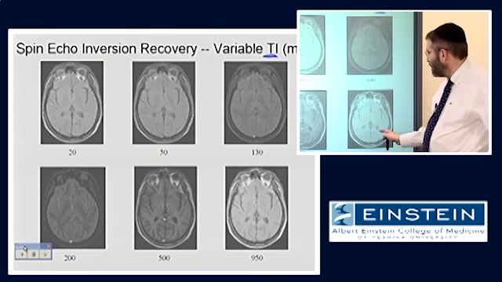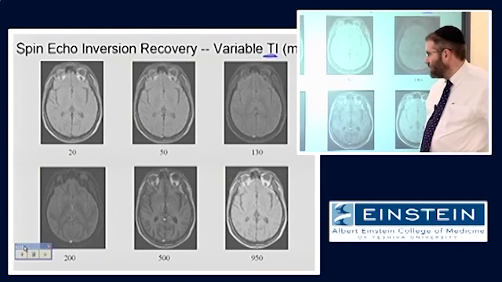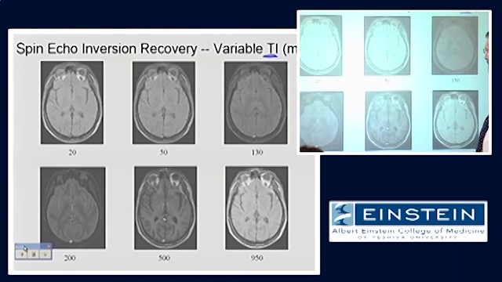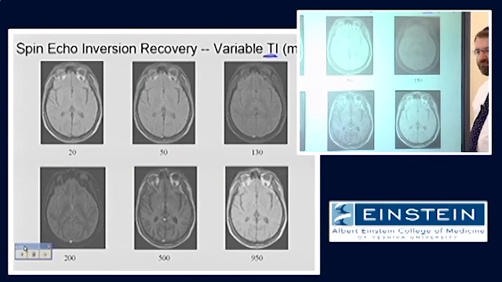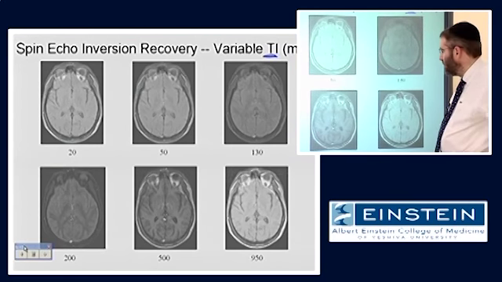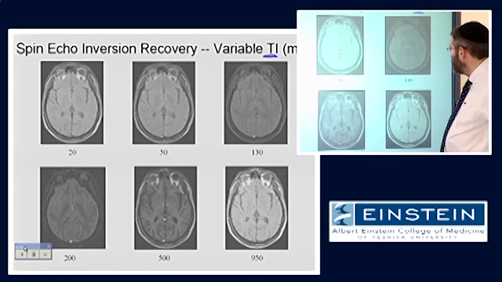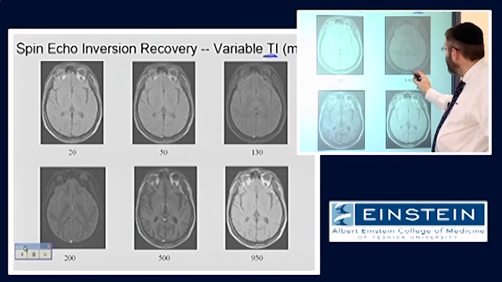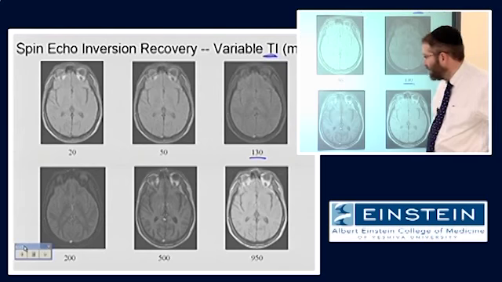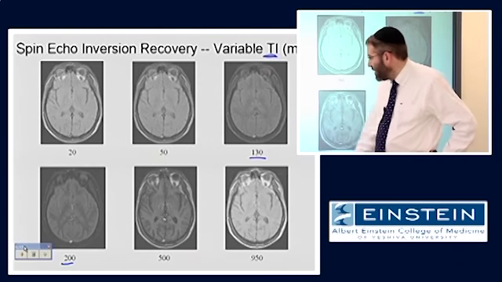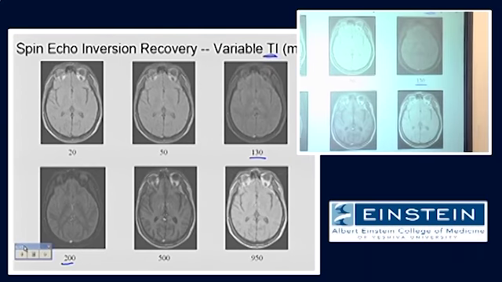First of all, for those of you that are used to looking at brain images, most of them look relatively like T1 weighted images, right? The gray white matter contrast. When you get into this range of like 130 TI, and maybe more so at a TI of 200, what do you notice?